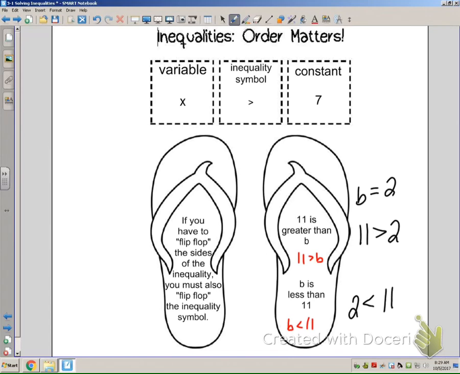See, I changed these two places down here, so I had to flip my inequality symbol to keep the statement true. So think of it as flip-flops. If we change the order, then we also have to change the sign. If we flip-flop the order or flip-flop the sides, we have to flip-flop the symbol.